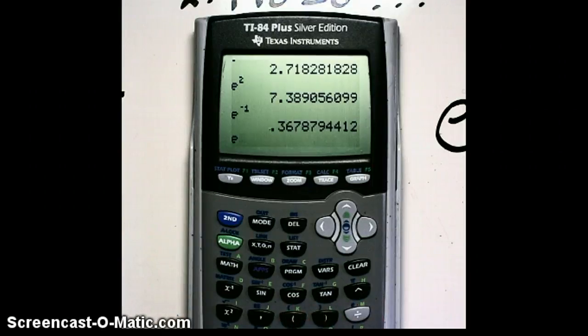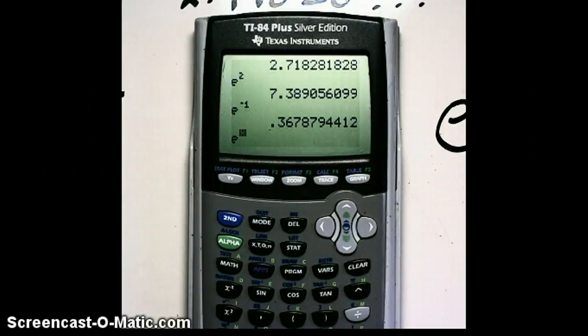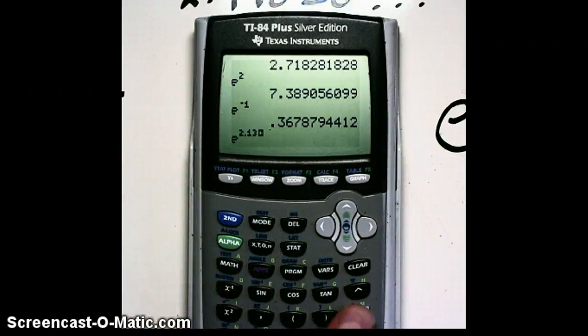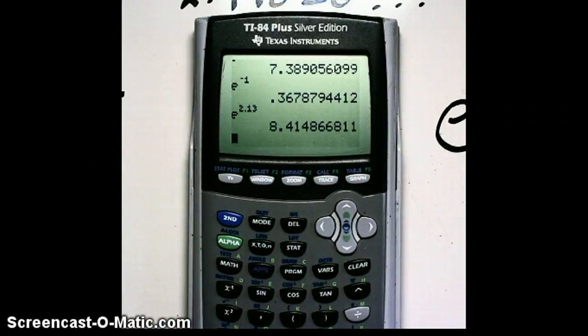To the 2.13. Now your calculator may not show it that way. It may give you a little caret. No problem. Okay, so here you go, 8.41, which is a little bit lower than we thought it was, but we have the general ballpark. So this is how you could use the key to find e.